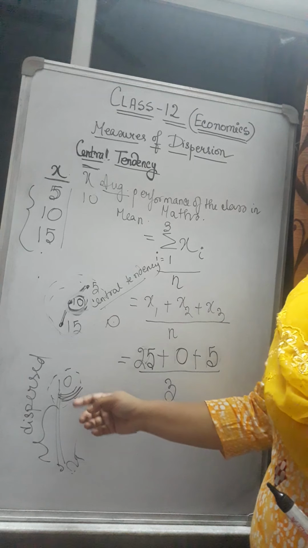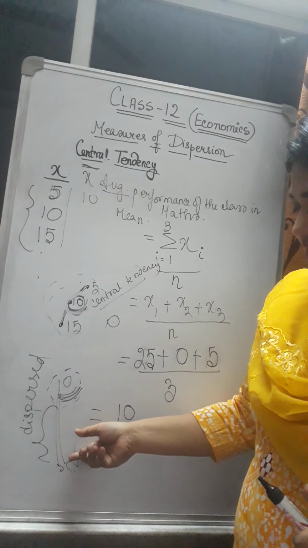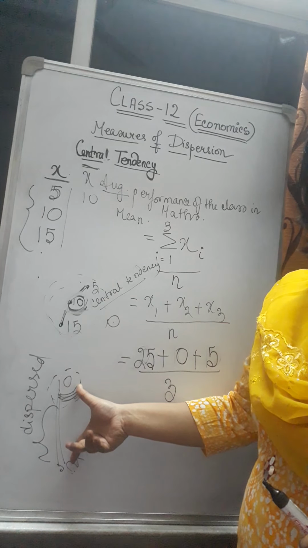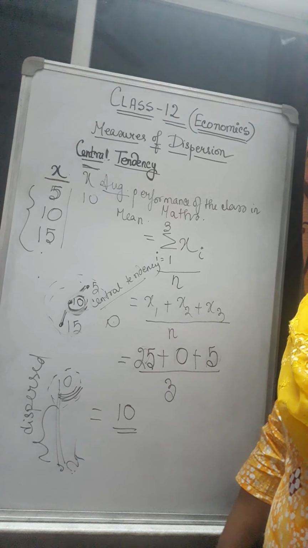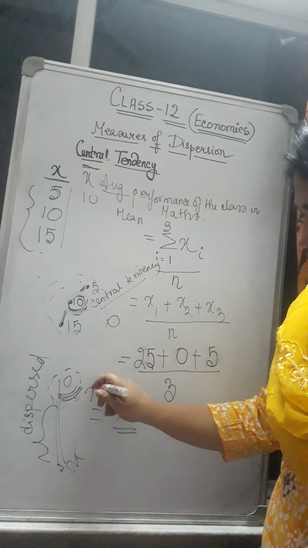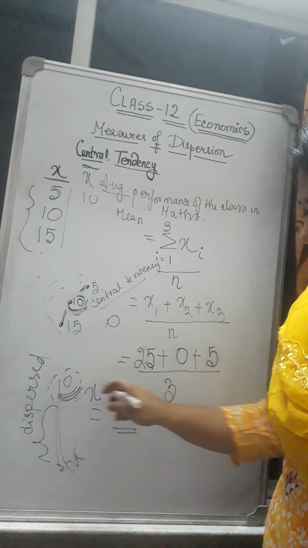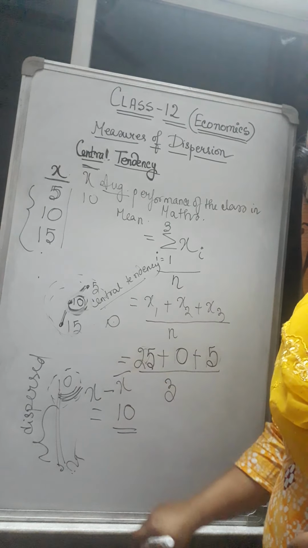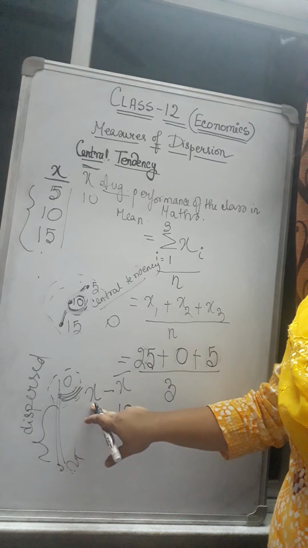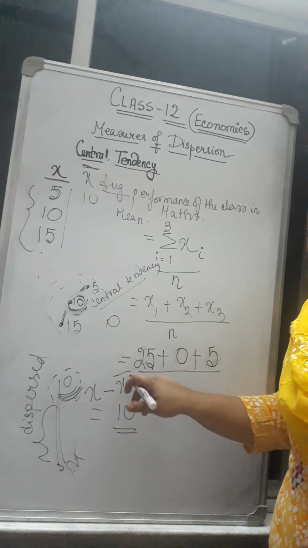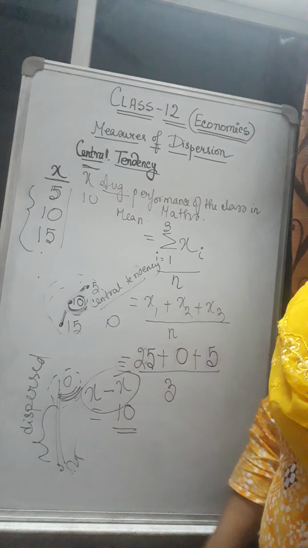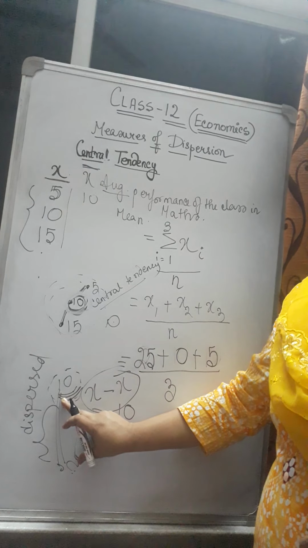But when actual values are deviating so much from the mean value or the central value, what is the deviation? Suppose this is one value of x minus this is a central value x bar. So the original value of the variable minus the centralmost value or the mean, it gives you the deviation or how much it is dispersed.